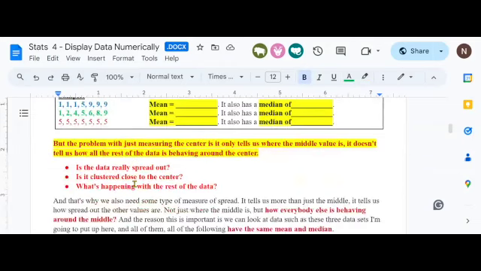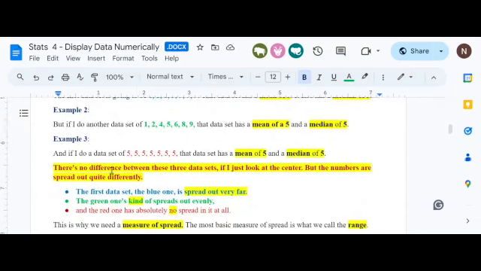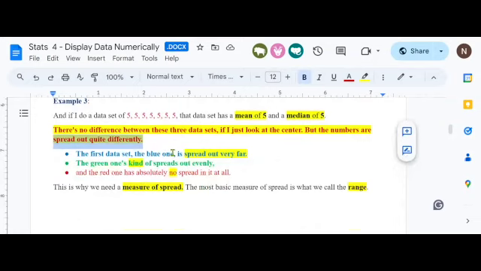Look, there is no difference between these three data sets if you just look at the center, but the numbers are spread out quite differently. The first set of data, the blue one, is spread out very far. The green one is spread out fairly evenly.